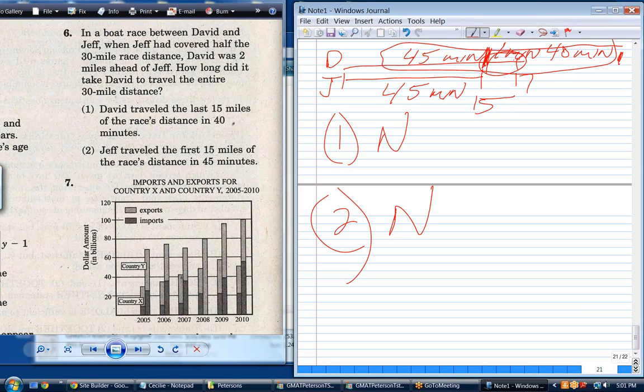We don't know how long it took him to go that last 2 miles. That's the key, which is part of the 40 minutes that it took him to go the last 15 miles. And we don't know how long it took him to go the first 15 miles either.